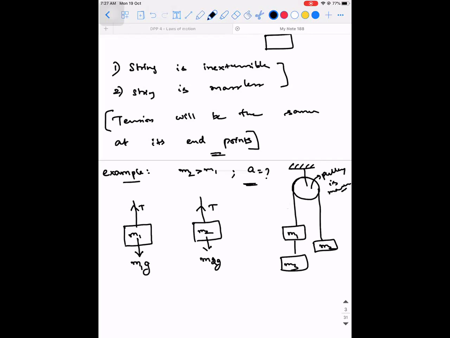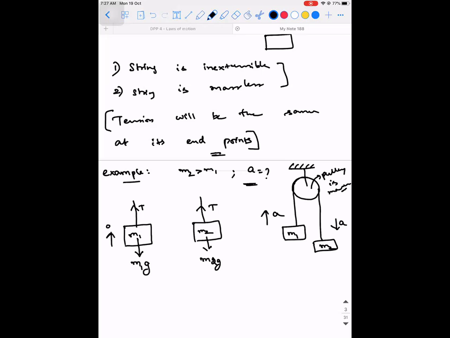Secondly, M2 is greater than M1. So the right side block tends to go down and the left side block tends to move upwards.